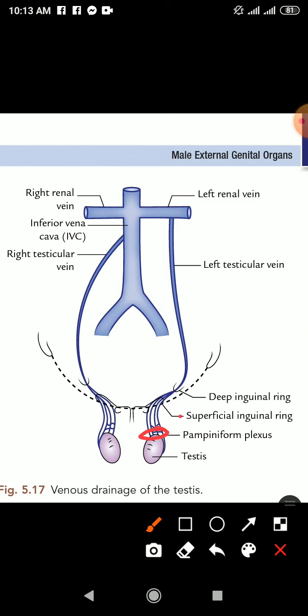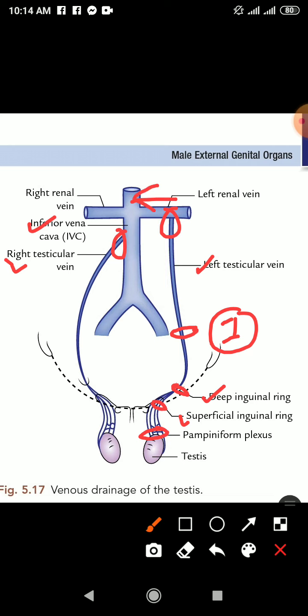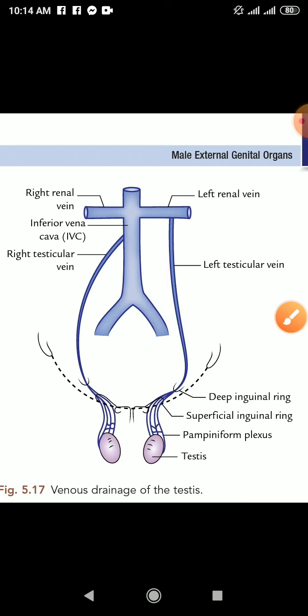At the superficial inguinal ring there are 4, and at the deep inguinal ring there are only 2 veins, and at the posterior abdominal wall they unite to form only 1 single testicular vein. On the right side, it directly drains into the inferior vena cava, and on the left side, the left testicular vein at first opens into the left renal vein and then into the inferior vena cava.